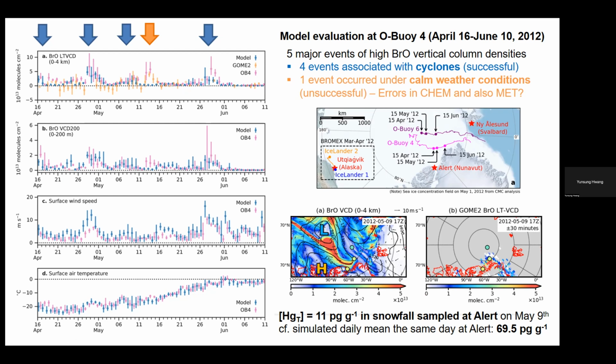On this same date, there were snow samples for total mercury in the snowfall at Alert, measuring 11 picograms per gram, which is relatively high. And the model simulated the daily mean snowfall mercury concentration at 70 picograms per gram, which is 6 or 7 times higher, and which I think is a reasonable success.